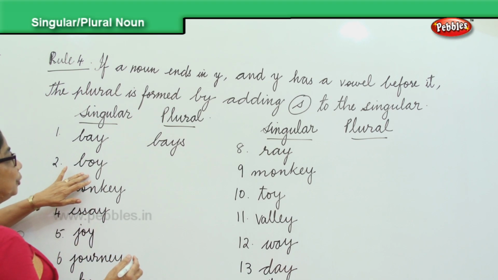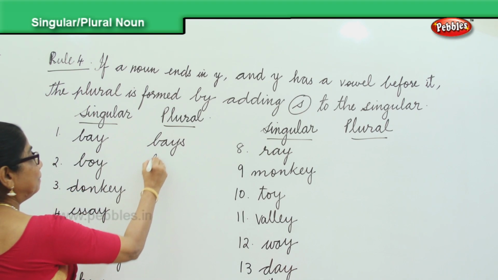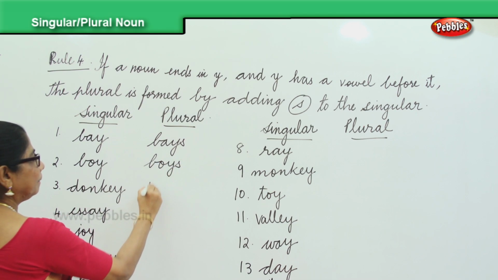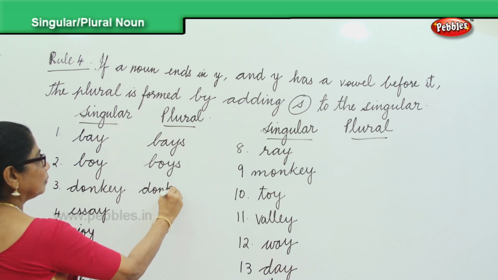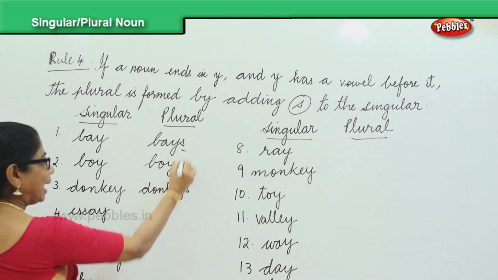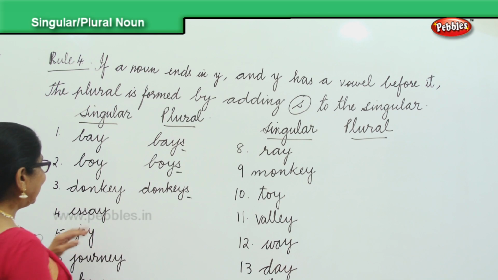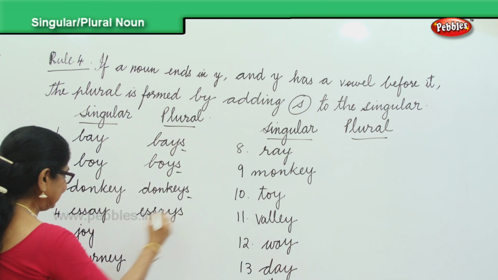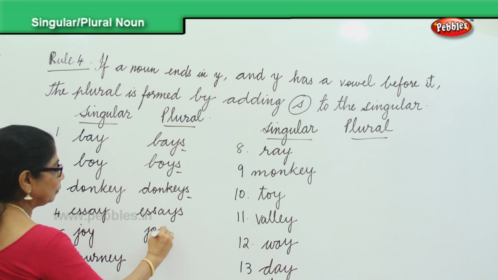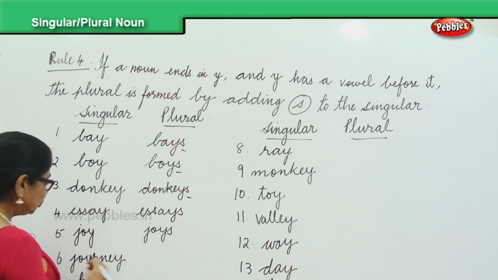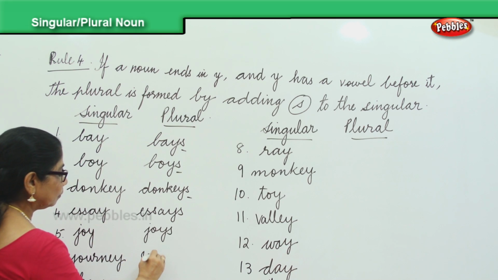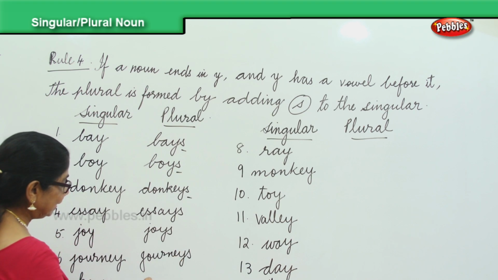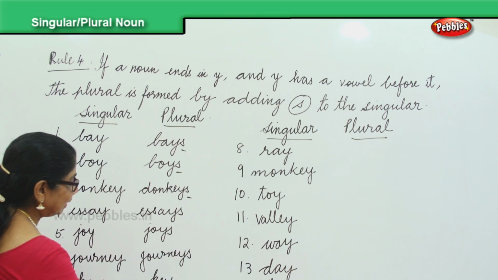The first one is done for you. Bays, boy, boys, donkey, donkeys. You are simply adding an S. Essay, essays, joy, joys, journey, journeys, key, keys.